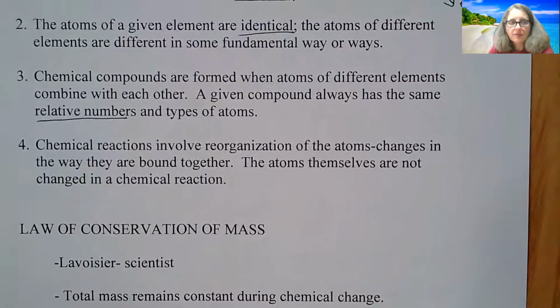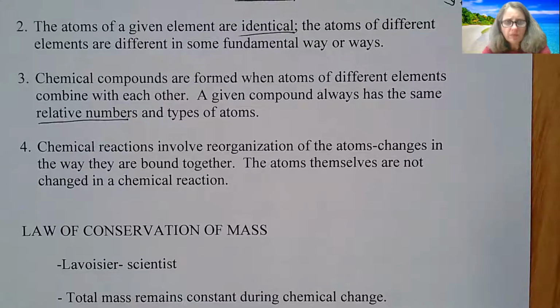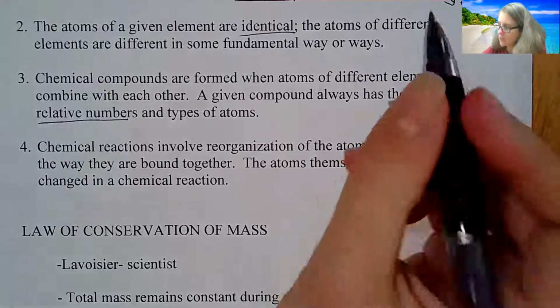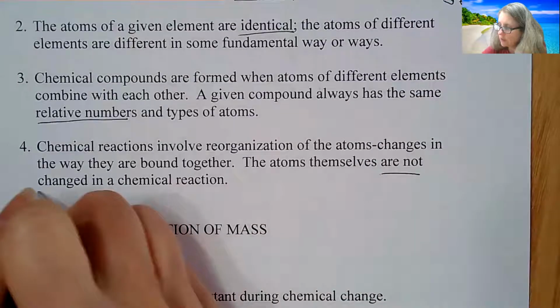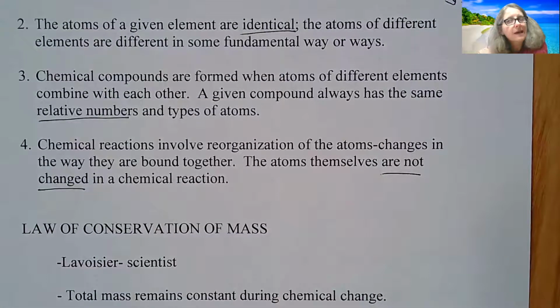And finally, number 4, chemical reactions involve reorganization of atoms, changes in the way they're bound together. Atoms themselves are not changed in a chemical reaction. Do we know that to be true today? Is there any place where an element actually changes itself, the atom itself?